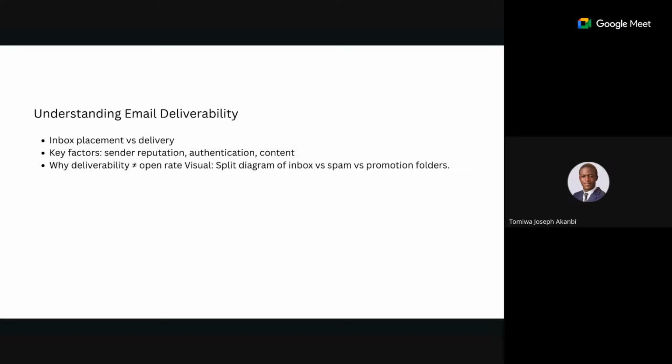Anyways, so what will determine where your email will go? Will it be in promotions or spam or inbox or updates? It depends on how the email is structured. And I'm going to give you some tips that will help you control the narrative regarding where people receive your emails. Also, there's something called your reputation as a sender.